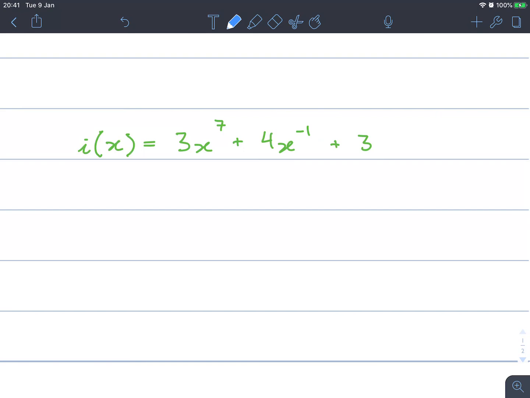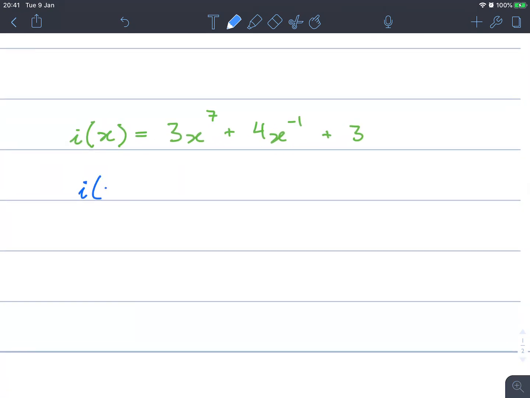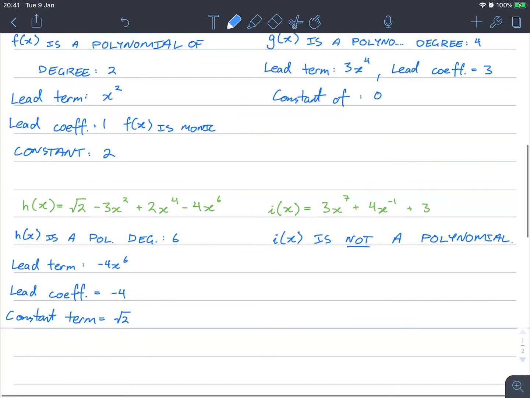All the powers must always be positive. Therefore, i of x is not a polynomial. So we don't need to go through all the other terminologies here.